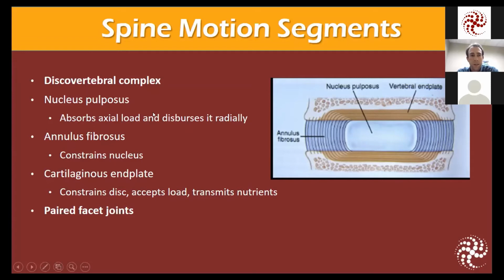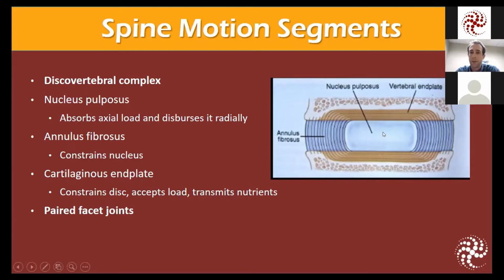And typically, that annulus is very strong, and the weak point in this disc is actually at this cartilaginous end plate here on the top of the disc. So usually the first insult to the disc is through this end plate, which is a crucial structure because the nucleus has a very high water content.